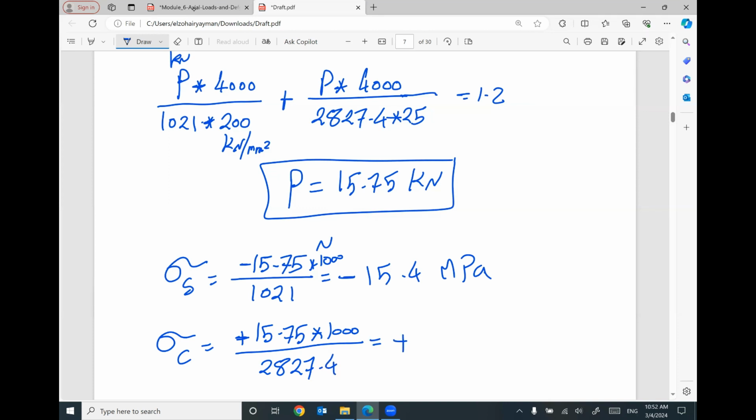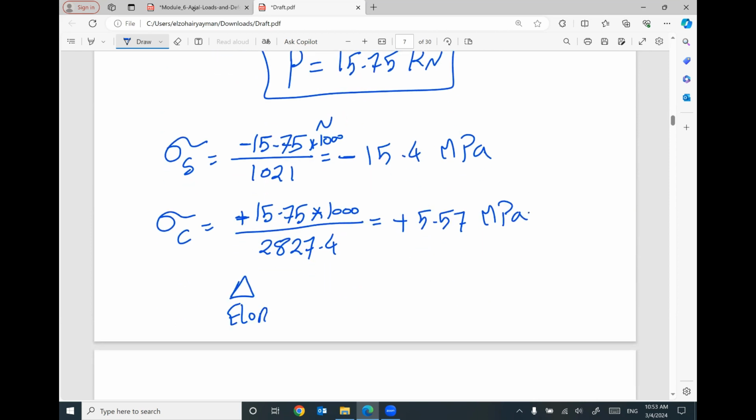So the stress will be positive 5.57 megapascal.